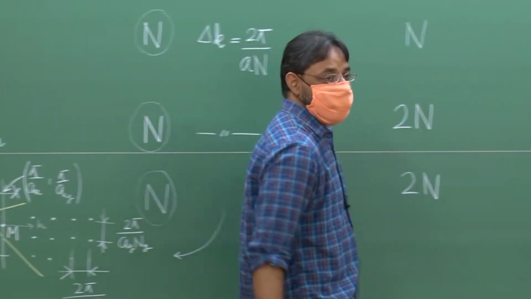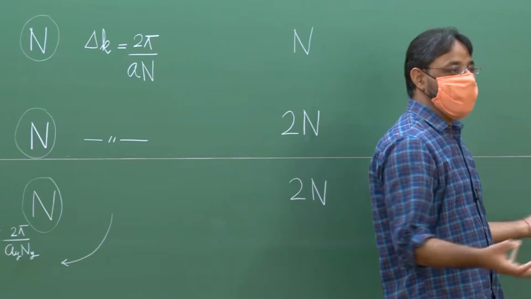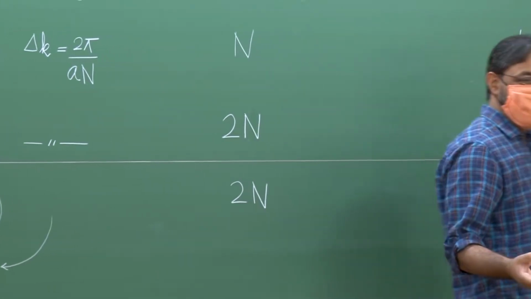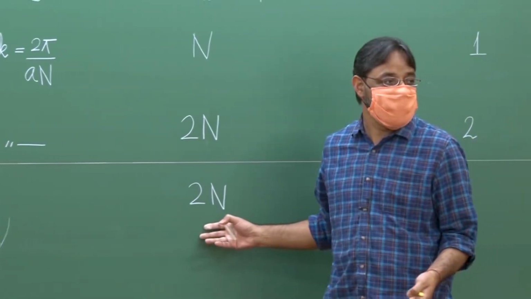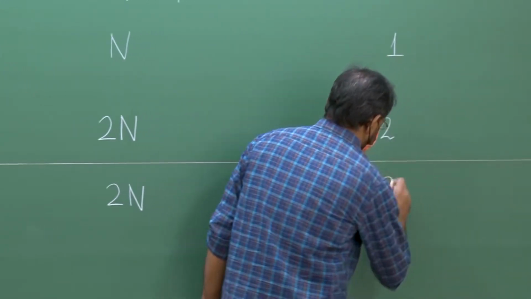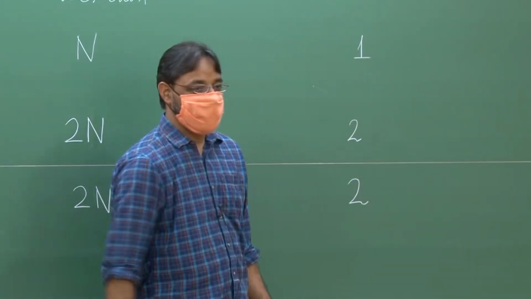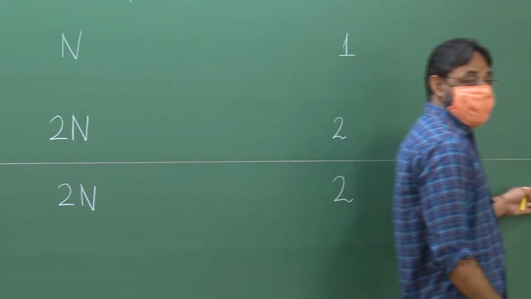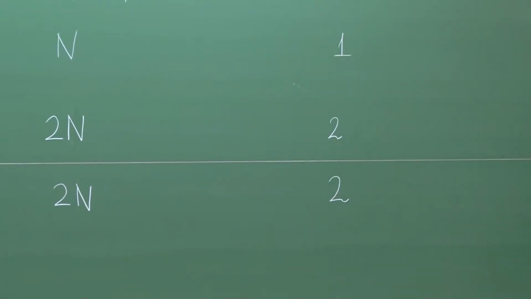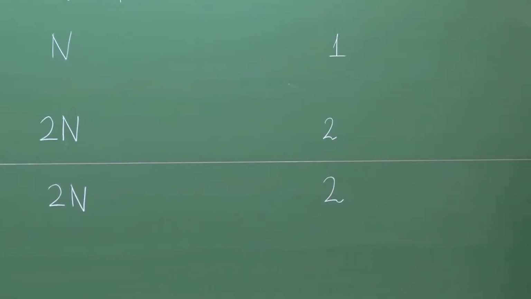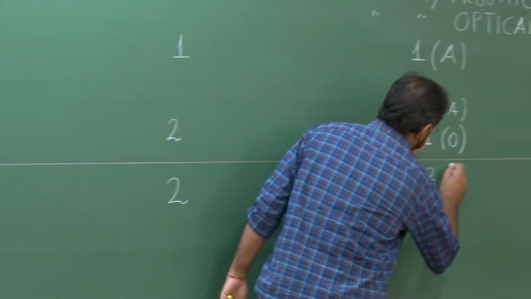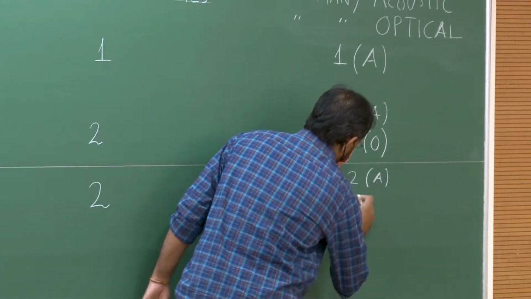How many branches? 2, because the k points are still the same, n, and you have to accommodate 2n modes. So, therefore, there better be 2 branches. Are they optical branches? No, they are only acoustic branches. So, there are 2 acoustic and 0 optical.